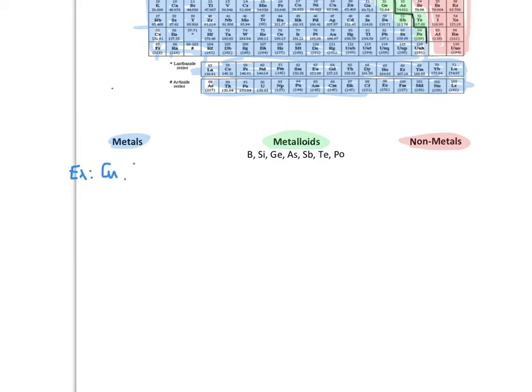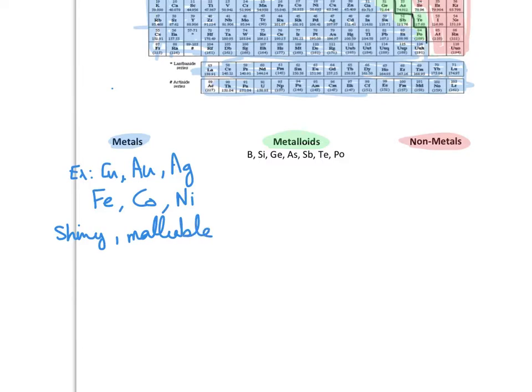Copper, gold, silver, iron, cobalt, nickel, lots and lots of different metals. Metals are shiny. They're lustrous. They have luster. They're malleable. That means you can bend them. They won't break. They're ductile.